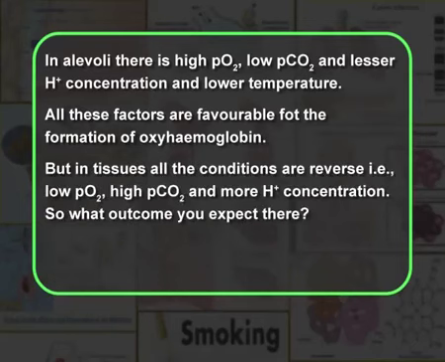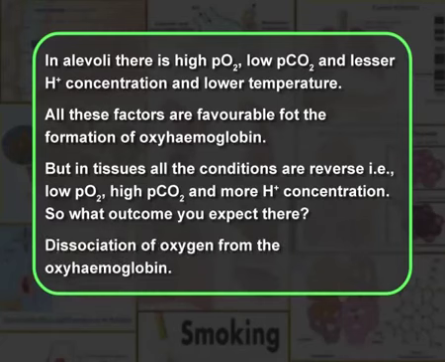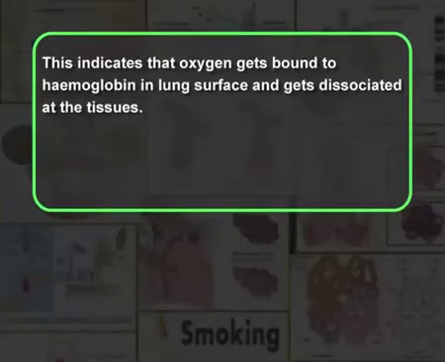But in tissues all the conditions are reverse, that is low partial pressure of oxygen, high partial pressure of carbon dioxide and more hydrogen ion concentration. So, what outcome do you expect there? Dissociation of oxygen from oxyhemoglobin. Now, this indicates that oxygen gets bound to hemoglobin at the lung surface and gets dissociated at the tissues.